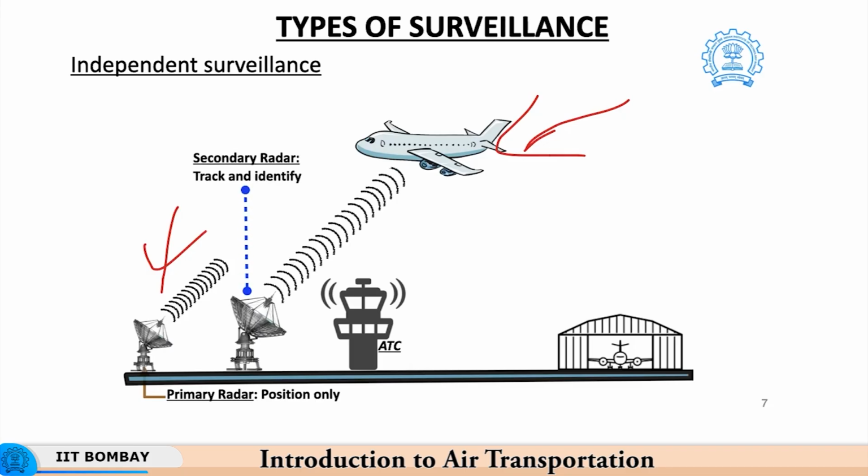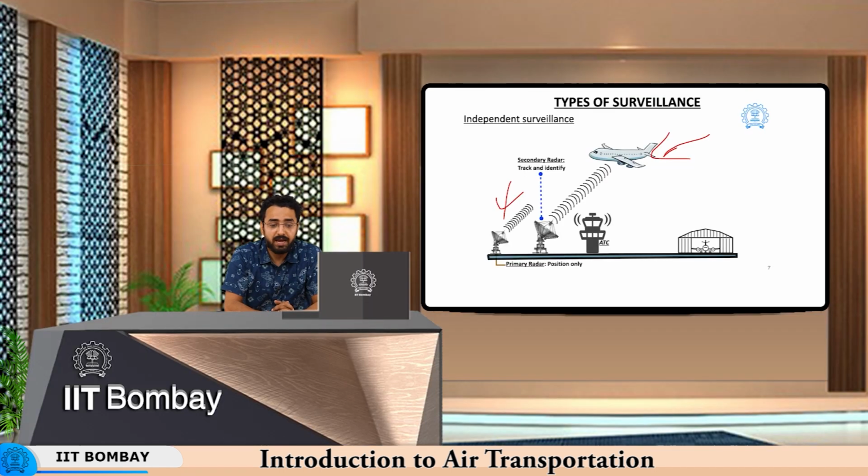However, with time, aircraft have implemented a more advanced version of the radars called the secondary radar services, wherein apart from the position, these radars are also able to find the altitude as well as the identity of the aircraft. Now, these identities are in pilots' terms called squawk codes.